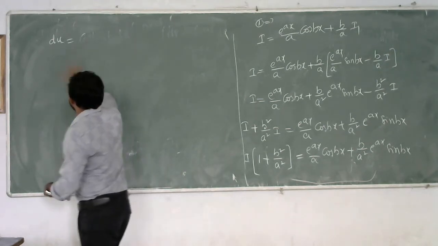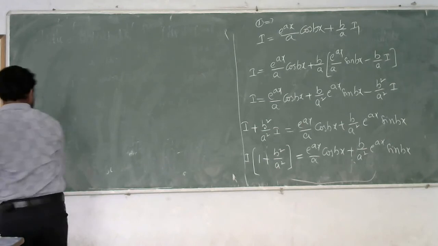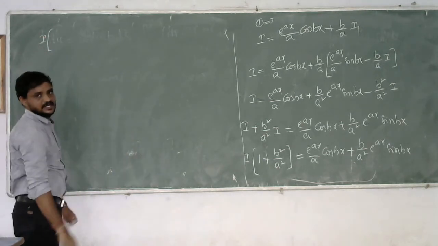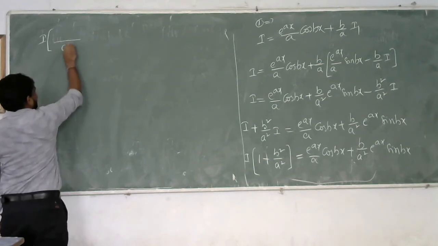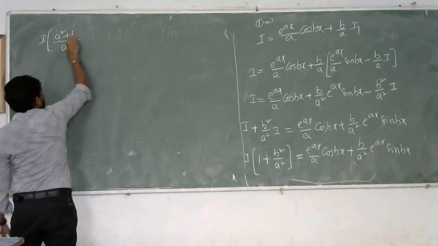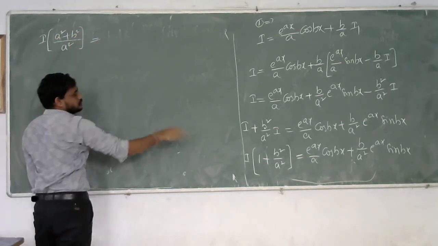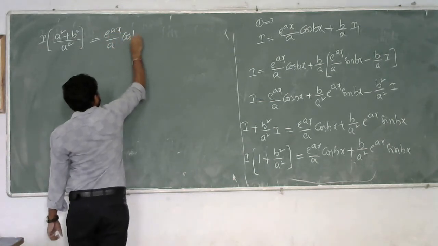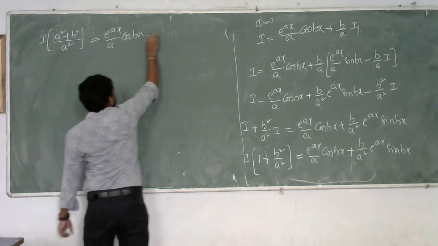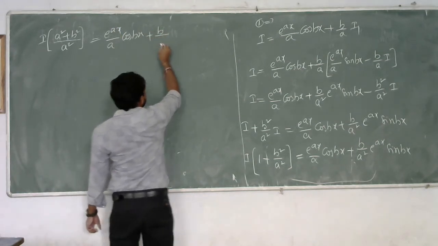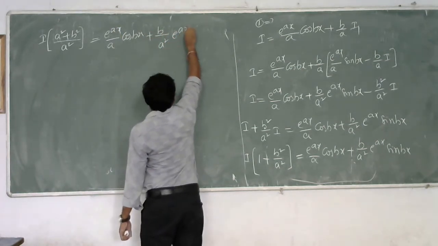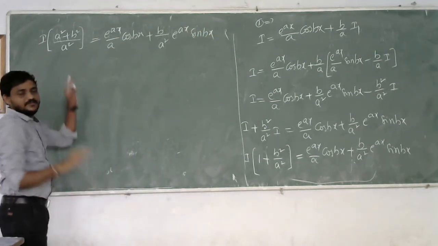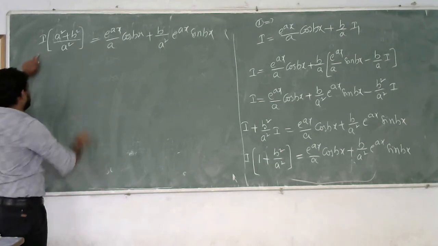Here I into 1 plus b square by a square. LCM will be a square, and here you will get a square plus b square. That equals RHS, e power of ax by a into cos bx plus b by a square into e power of ax into sin bx. But we need to find only I value, that is the given integral value.